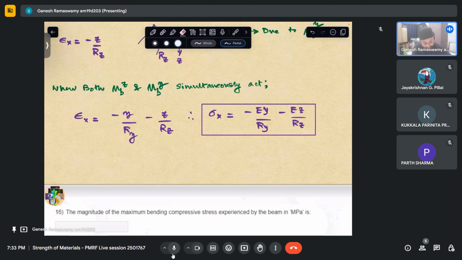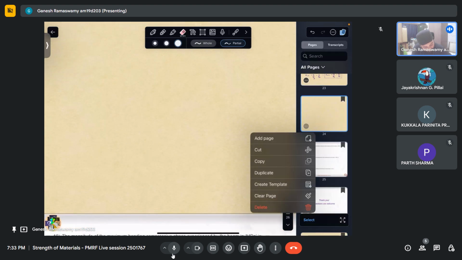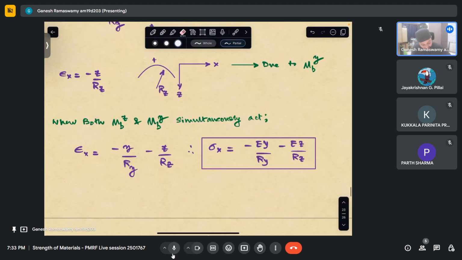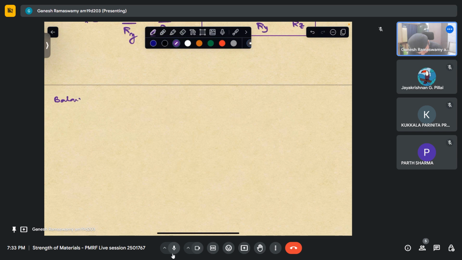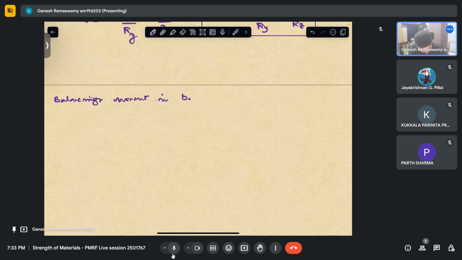Now the next thing would be to evaluate these expressions for radius of curvature. Now balancing moments in both directions, so sigma mz equaling 0 and sigma my equaling 0.